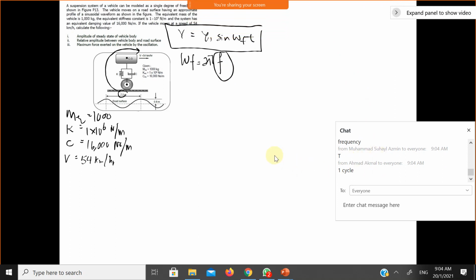Okay, so kita tahu F equals to 1 over T. Betul? So, how to find T? T, 1 cycle. T dia tak bagi 1 cycle, tapi dia bagi distance 7.5.